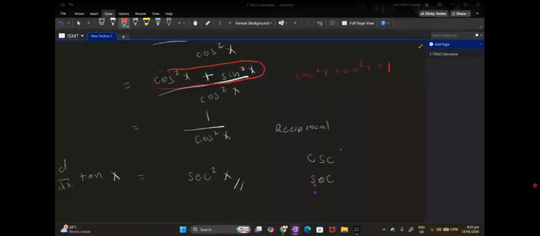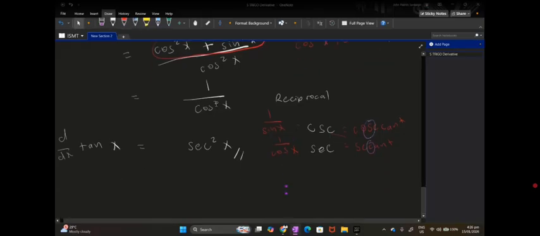So, when you spell it, cosecant and secant, so pag chinek nyo siya, ano yung third letter natin here? S. Ano yung third letter? Third letter here, C. So, ang cosecant is 1 over sine x. And ang third letter here, C. So, it's 1 over cosine of x. Para hindi kayo malito. Gets ba?